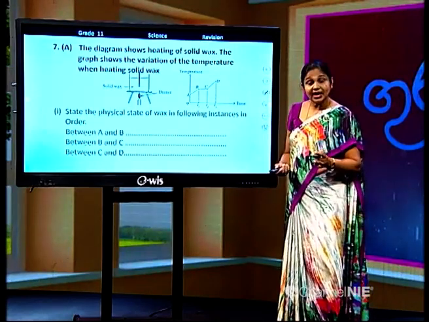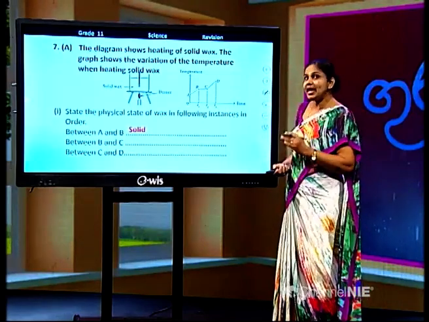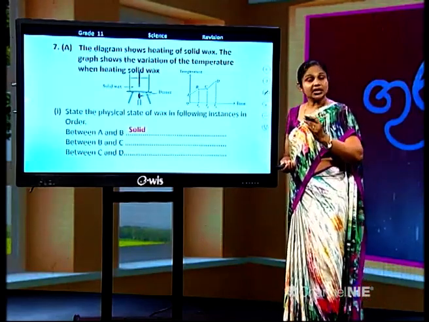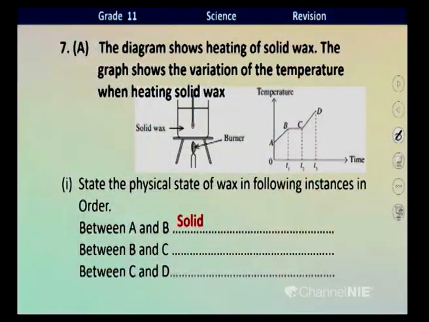After B, it starts melting. Then some part of wax can be melted and part of wax can be in the solid state during BC. Therefore, the physical state of wax in between BC must be solid and liquid both.